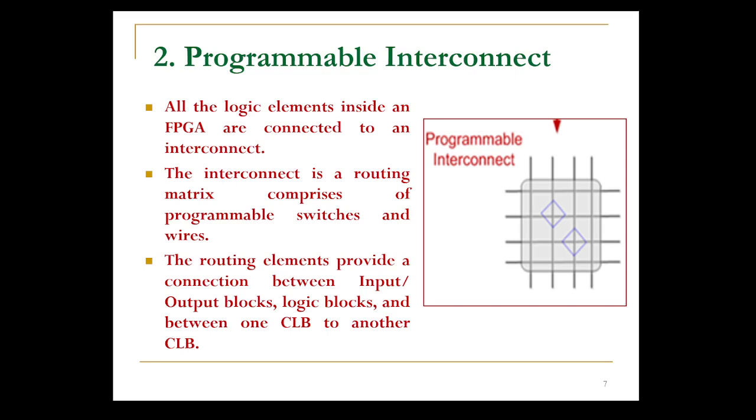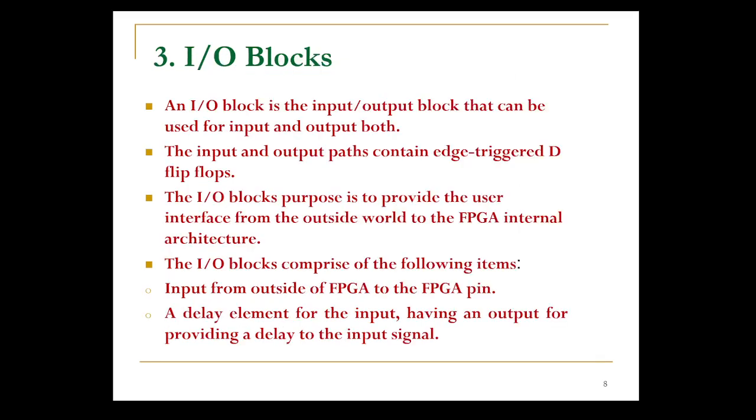Again, the interconnect acts as a wire connection between the neighboring CLB cells in the FPGA architecture in an array. The interconnect is a routing matrix comprising programmable switches and wires. The routing elements provide a connection between input block and output block, logic blocks, and between one CLB and another CLB.